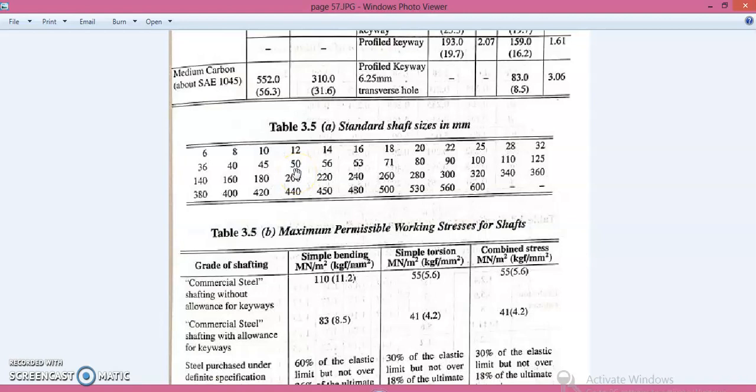So we have to give some allowance. If we select this 50 millimeter, it is approximately 49.11. So we can choose this value 50, or we can go with the next value. That will be safer. Sometimes the load may increase. In that case also it will withstand these conditions, all the stresses. So it is better to choose this value 56, or we can go with 50 also, but the safer side is we can choose 56 millimeters.